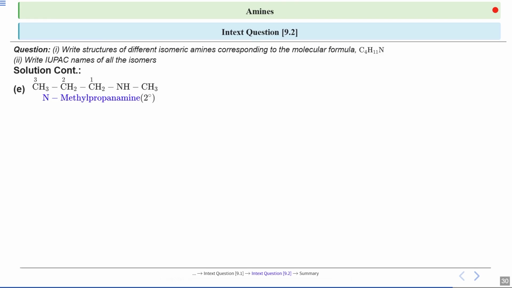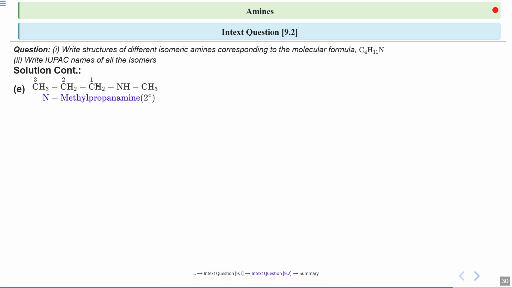Now this is another isomer of C4H11N. Here we discussed primary amines; in this case, you will see it is a secondary amine. First I have taken this as the longest carbon chain because here there are 3 carbon atoms, 1, 2 and 3.